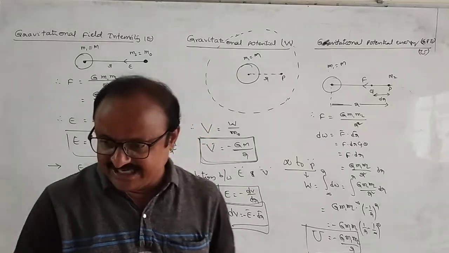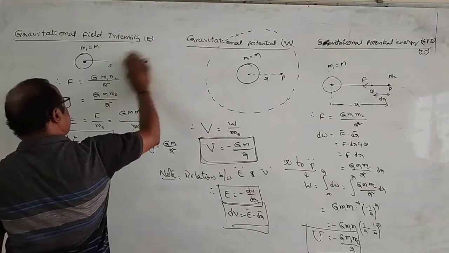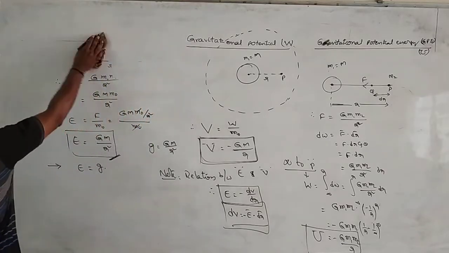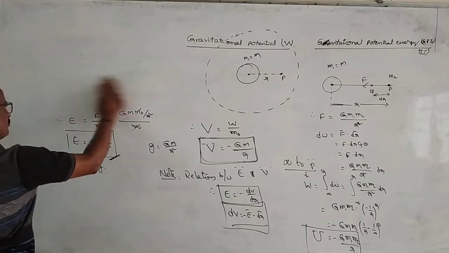Next one. What is the formula for work done to move a body of mass small m through a height h above the ground, or above the surface of earth?